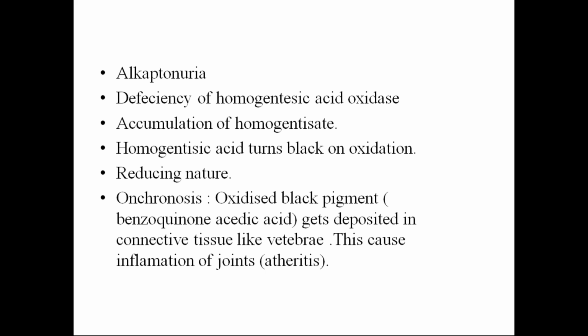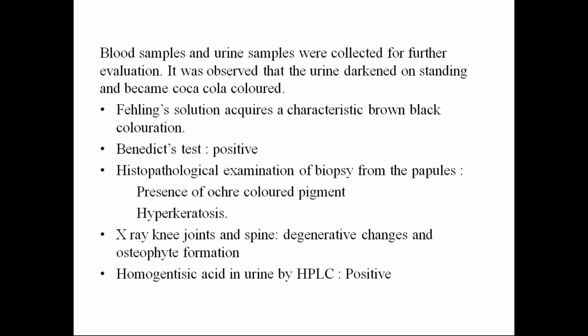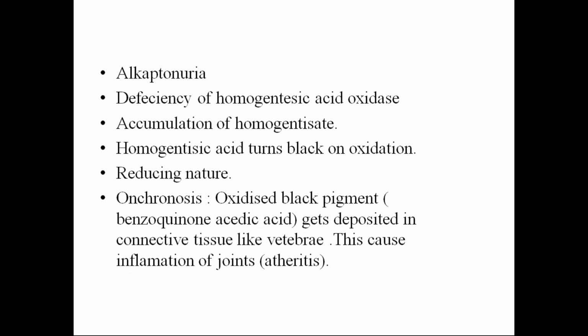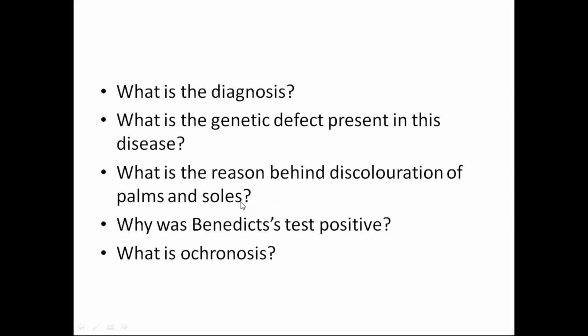So on oxidation, it will turn into black color. The urine or palm or skin color change here in this history is due to oxidation of the homogentisic acid. Okay. Let's come to the, okay, we have done with the diagnosis.